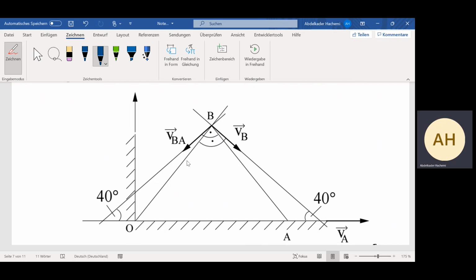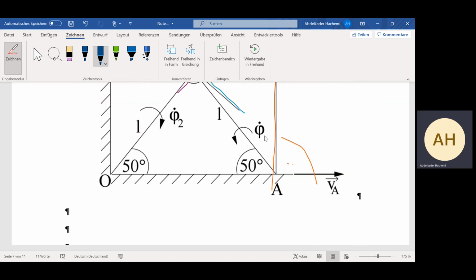In our case here, it's phi dot 2, that means omega 2 of the left one. But VO is equal to 0, then it's only perpendicular to the ladder here.